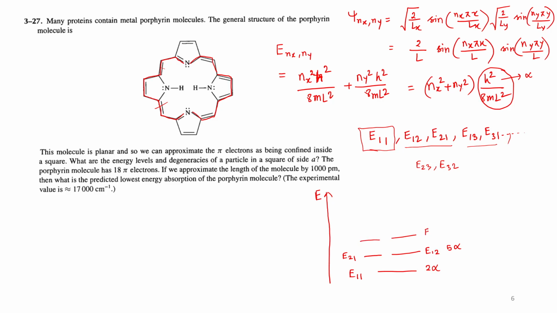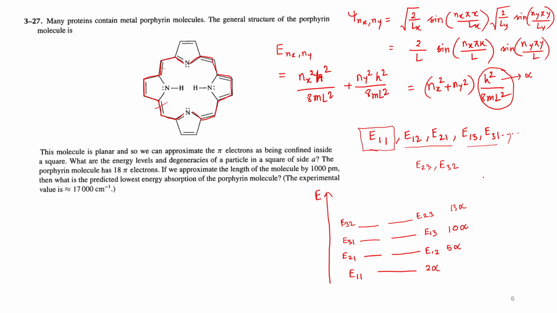So E13 and E31 have an energy of 10 alpha. Then E23 and E32 also have the same energy, 2 square plus 3 square, which is 4 plus 9, so 13 alpha.